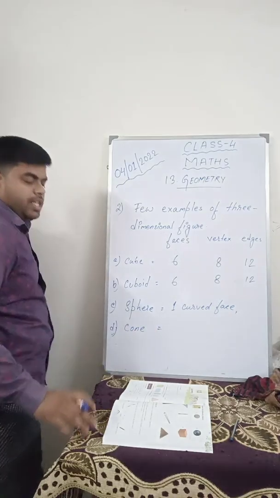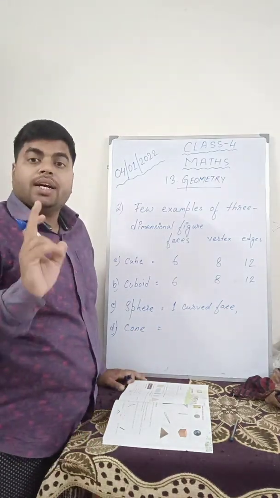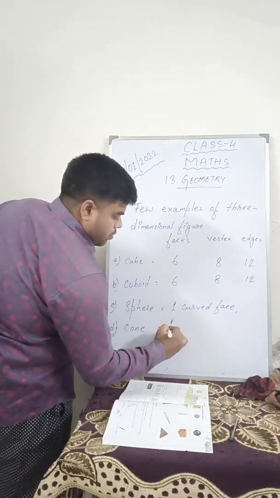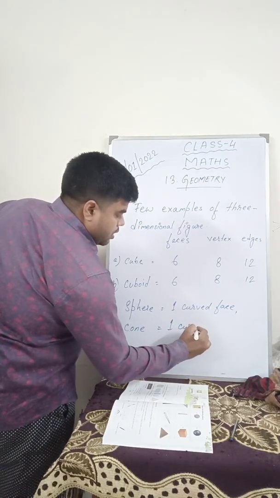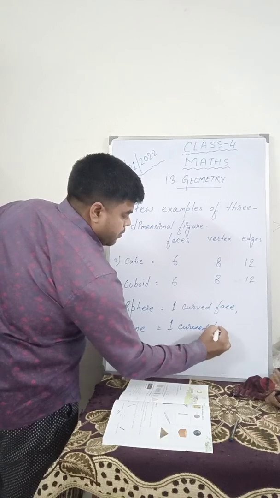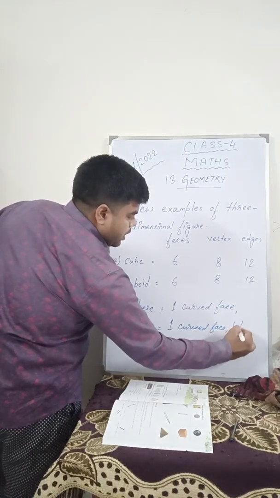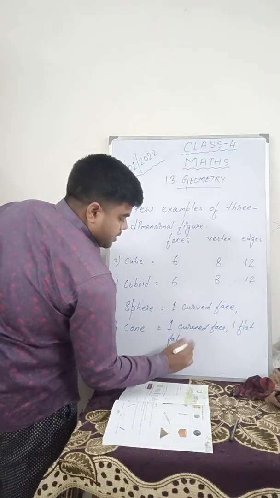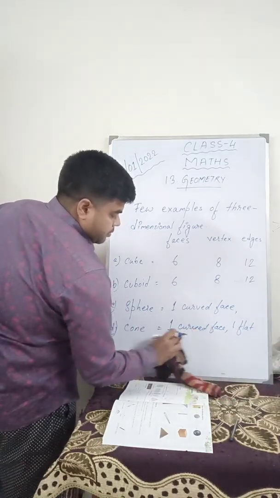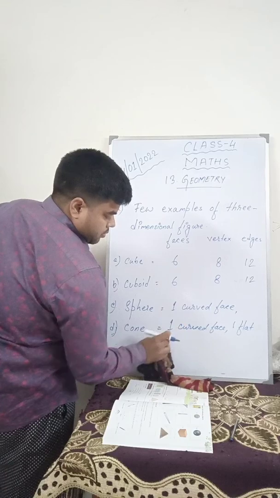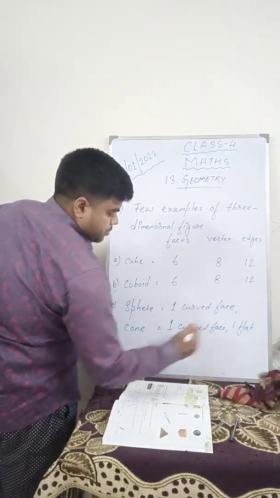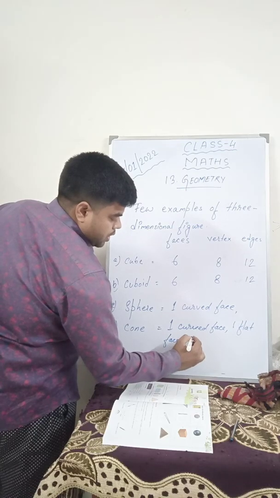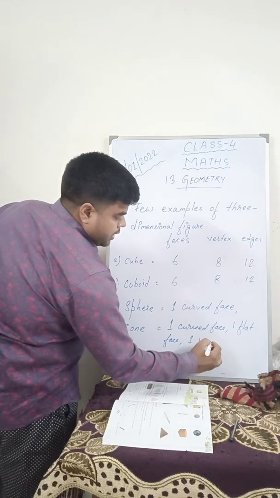In cone, you will have one curved face, one flat face, and one vertex.